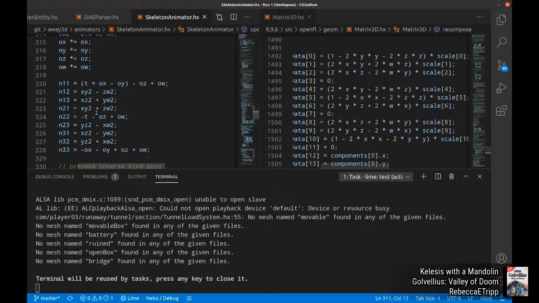X times y times 2 plus z times w times 2. Y times z times 2. X times w times 2. X times z times 2 minus y times w times 2 plus 2. So it's got a bunch of these backwards.